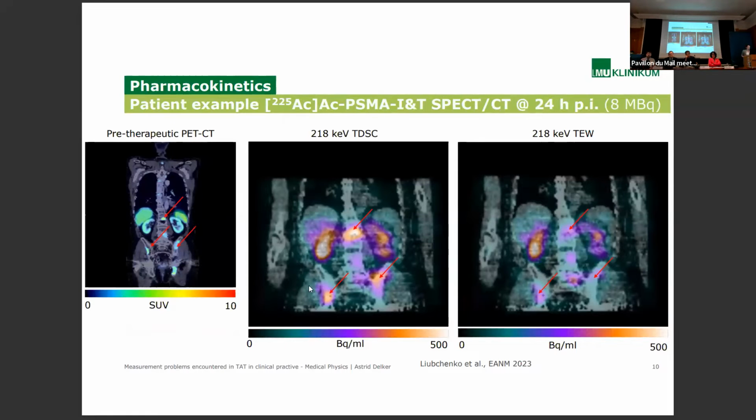Here you can see the model-based scatter correction, and here you can additionally see the pre-therapy PSMA PET-CT, which we can regard as a kind of diagnostic gold standard. I think you can immediately recognize how the model-based scatter correction really improves the lesion detectability and also the signal intensity. And this image looks very comparable to the pre-therapy PSMA PET-CT.